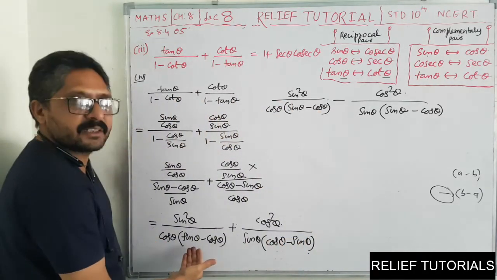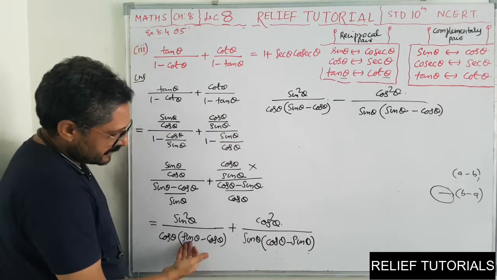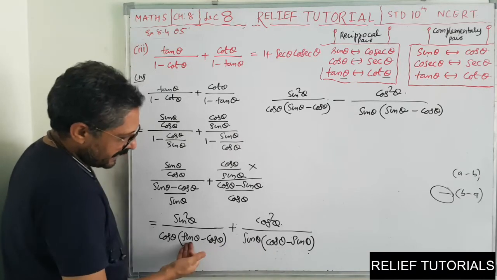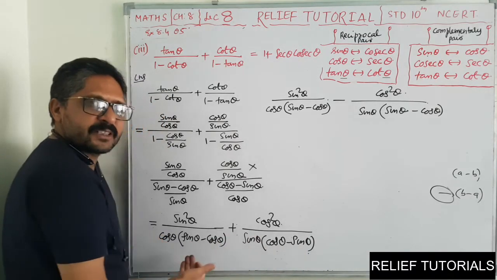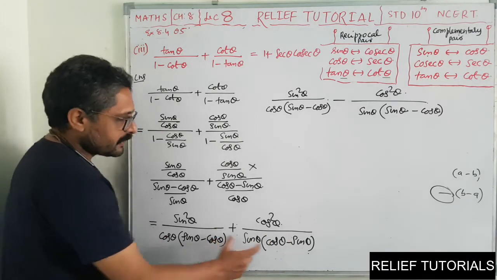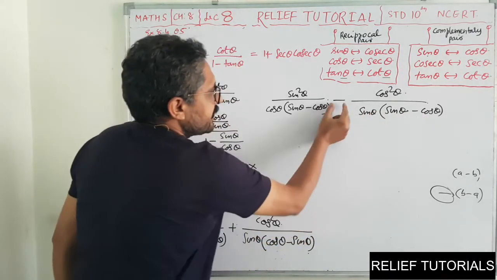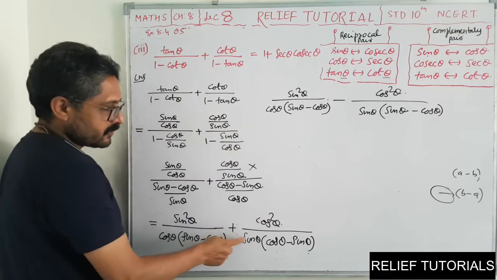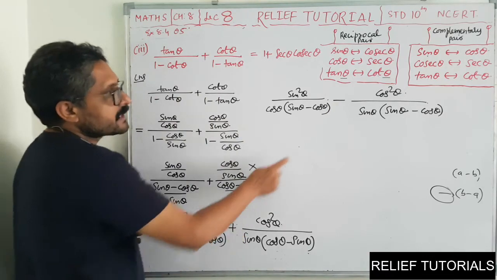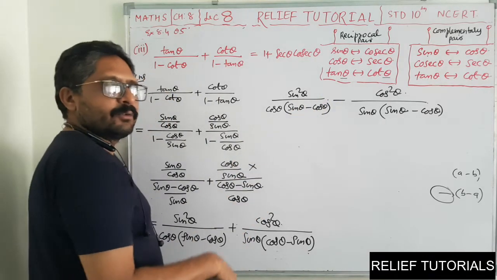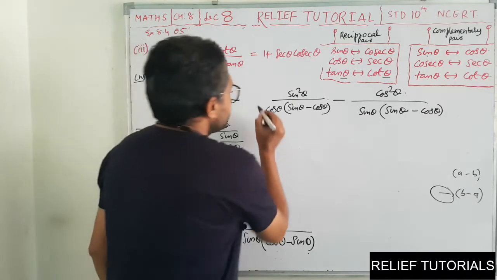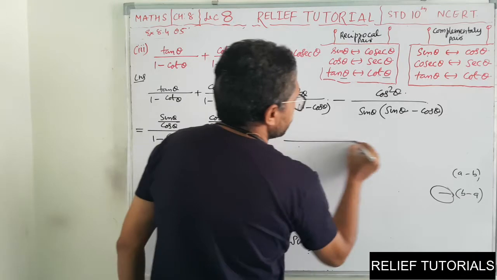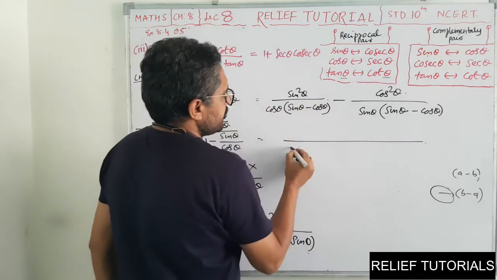Just look at the terms carefully. You will come to know that it is sin, cos, sin, cos. But sin is positive, sin is negative. Cos is negative, cos is positive. They are on opposite sides. So take minus common. So both terms will become the same here, and here there will be minus. Don't forget to write minus. Why? Because minus common, minus into plus, minus. Now, you will take LCM. So now LCM is cos theta sin theta.